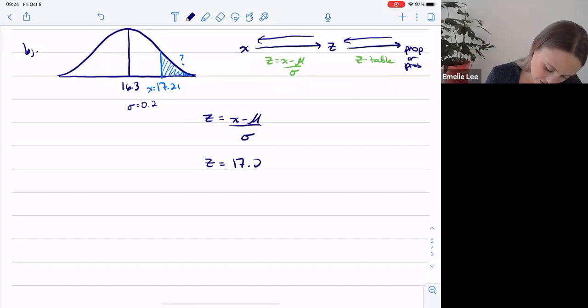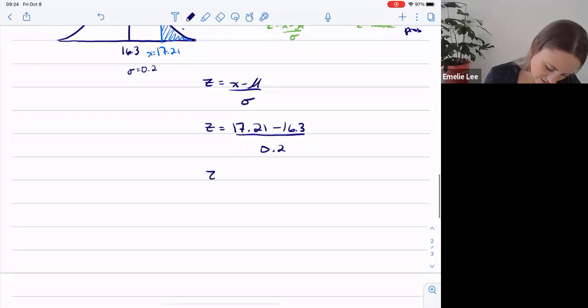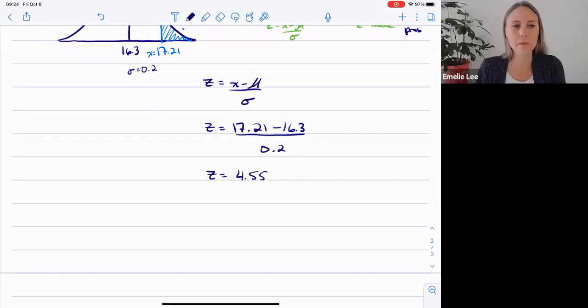So Z is 17.21 minus 16.3 over 0.2. Grab my fancy calculator. It's actually not fancy. I shouldn't call it that. Z is 4.55. What does a Z score of 4.55 mean?